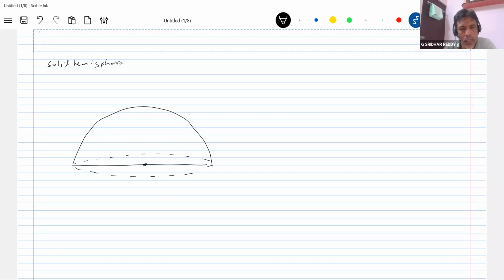Let R be the radius of that. Let O be the center. So we have to calculate what is the center of mass of this solid hemisphere.